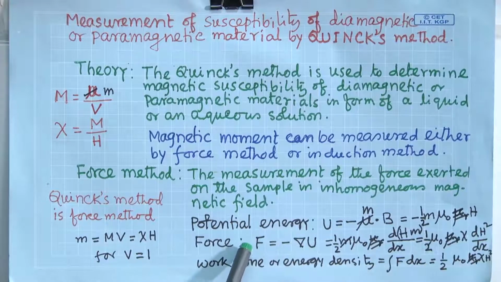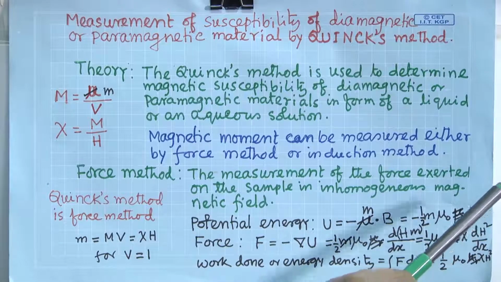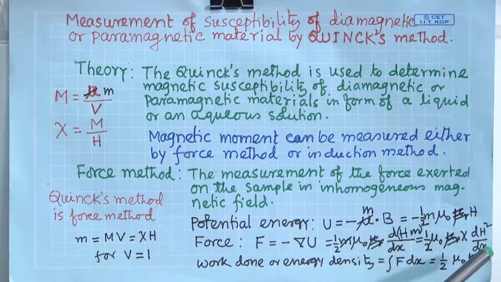this will give force. So, differentiation of H square with respect to x, if it is not 0, is only possible if you have an inhomogeneous magnetic field. So, in a constant field there is no force, but in an inhomogeneous magnetic field there will be force.